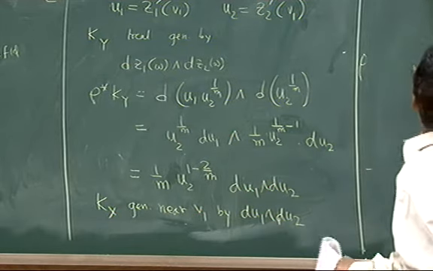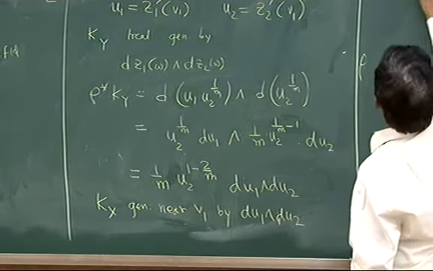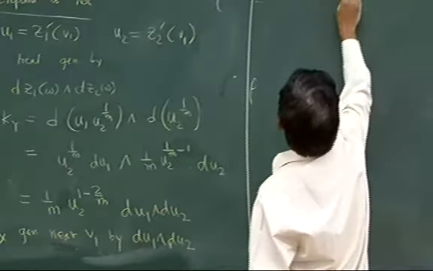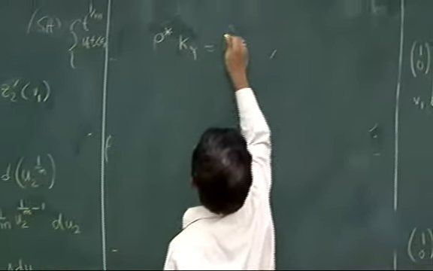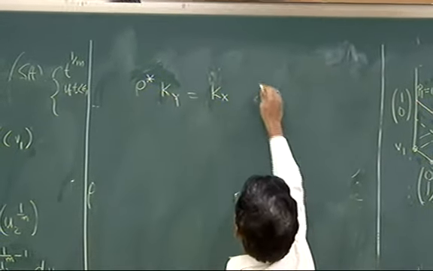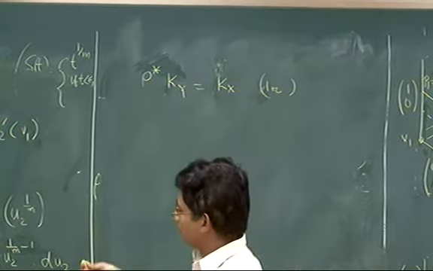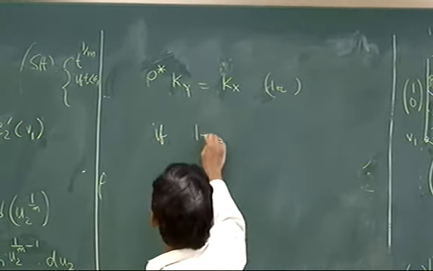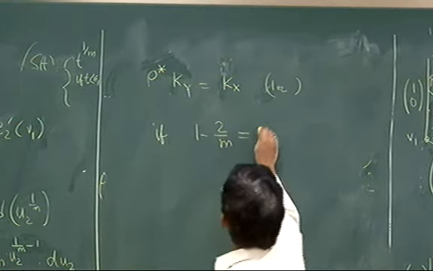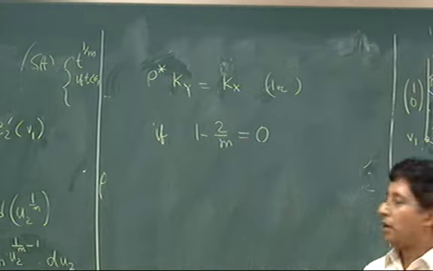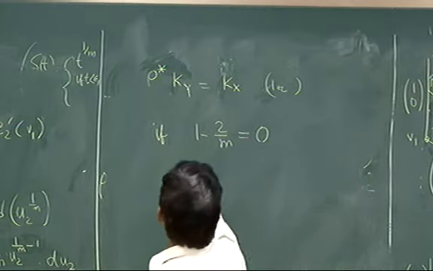So crescent rho star, okay, k y is kx, near locally at least, and then you can do it if 1 minus 2 over m equal to 0, and so m equal to 2.